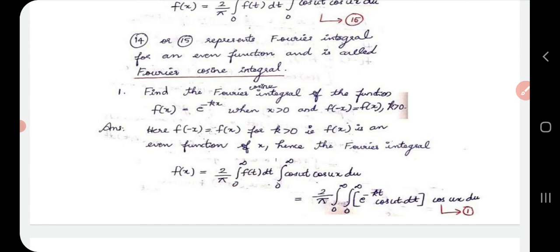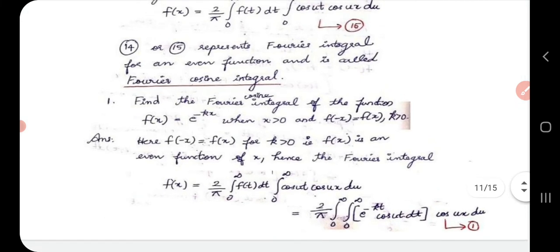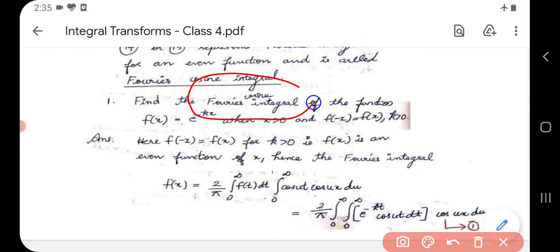Now, here the question is: find the Fourier cosine integral of the function e raised to minus x.